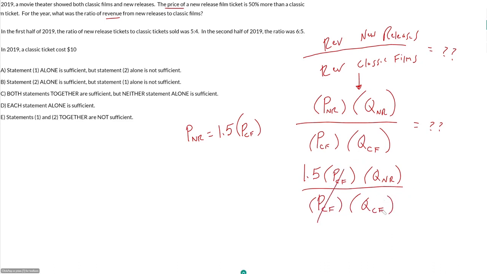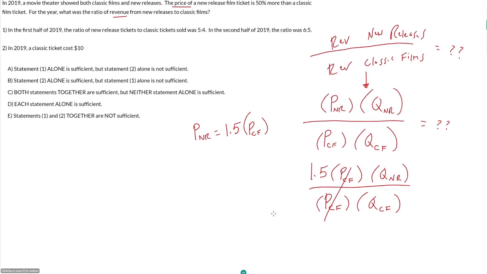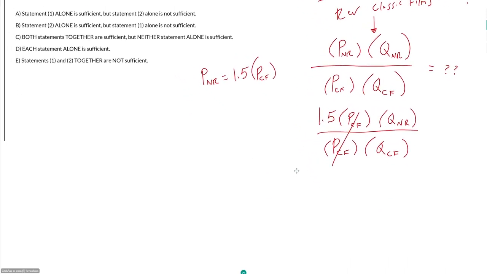I really just have two variables left: the quantity of my new releases over the quantity of my classic films. So I'm looking for 1.5 times the quantity of new releases over the quantity of classic film tickets sold. But remember, this is a data sufficiency question. So this 1.5 is just out here, meaning it doesn't really matter.